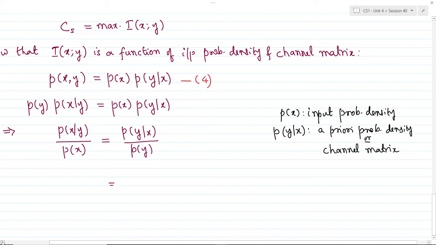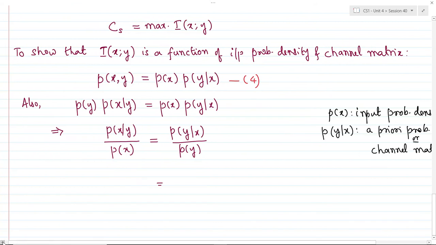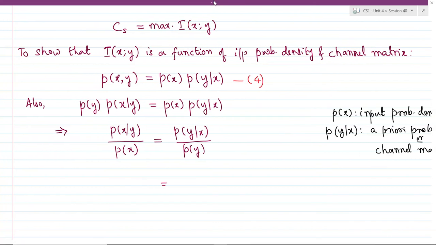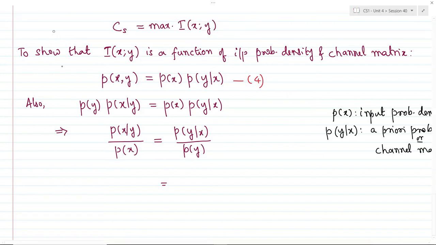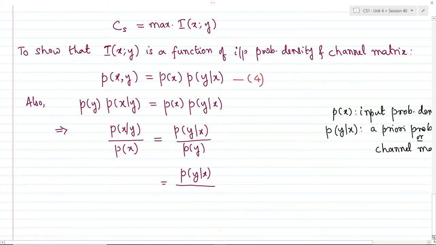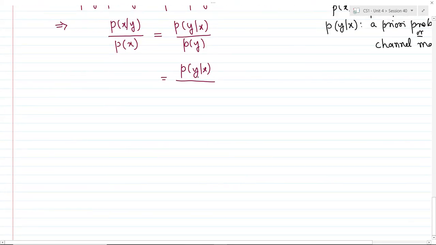Okay, so to make I of x, y a function of just these two quantities, we are trying to rearrange. The numerator is the a priori probability P of y, which must now be replaced with something else.